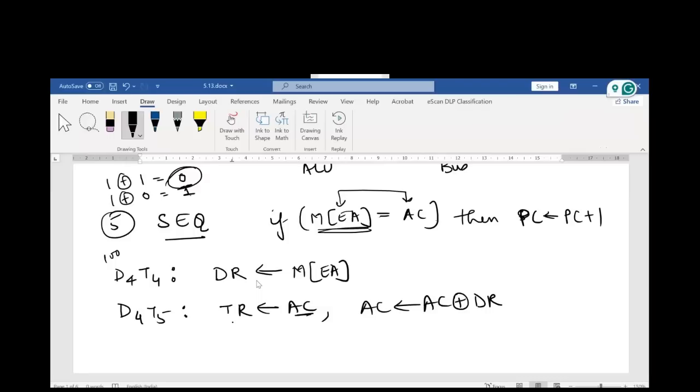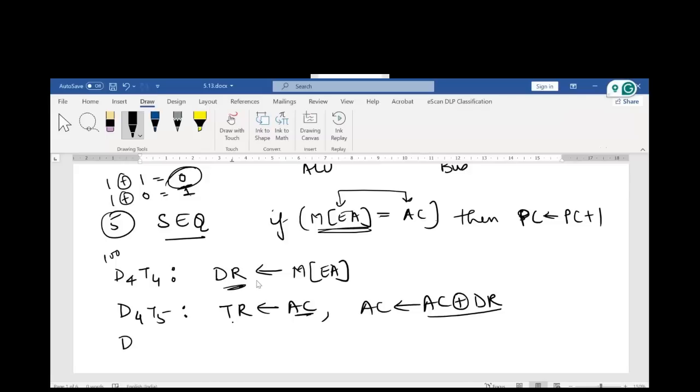I'll transfer my content to TR, the temporary register. And then I'll perform the XOR of whatever is in AC right now and DR. The answer I will be getting, either 0 or 1, would be stored in AC.